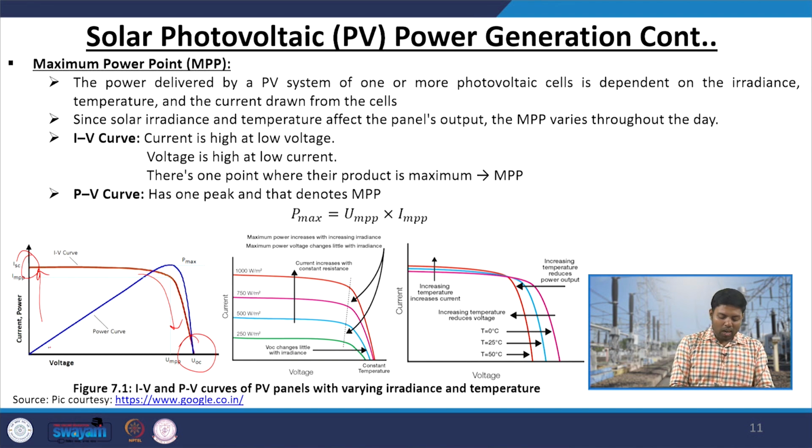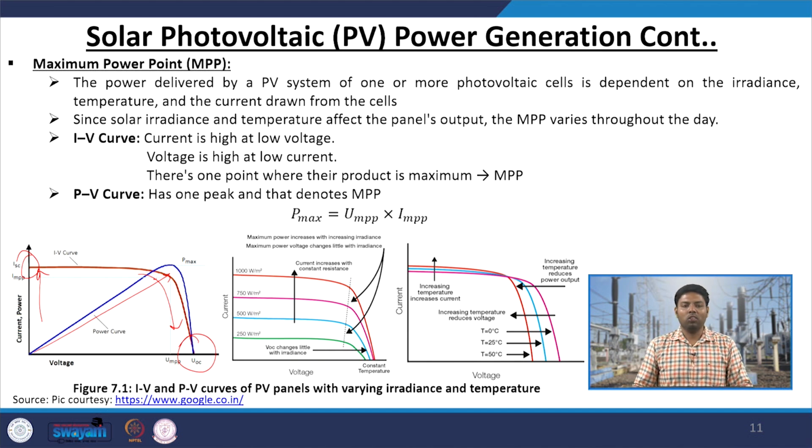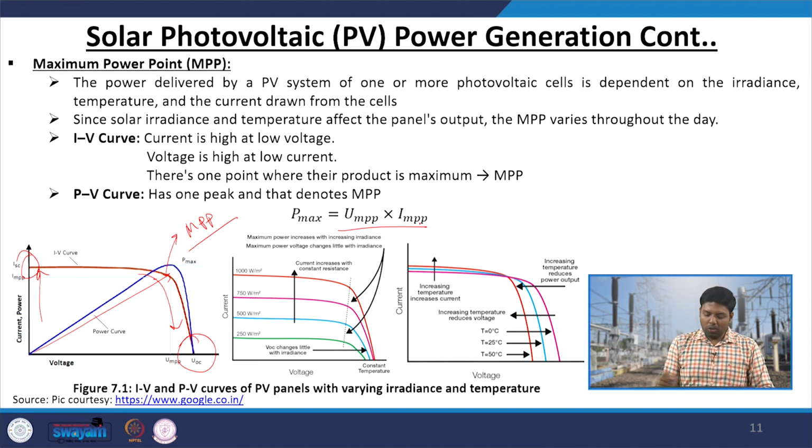So, there is one point where your power will become maximum at a particular voltage and current. That point we have to track always to get the maximum amount of power from a PV panel, and that point is called the maximum power point, MPP, and that depends upon your voltage and current.